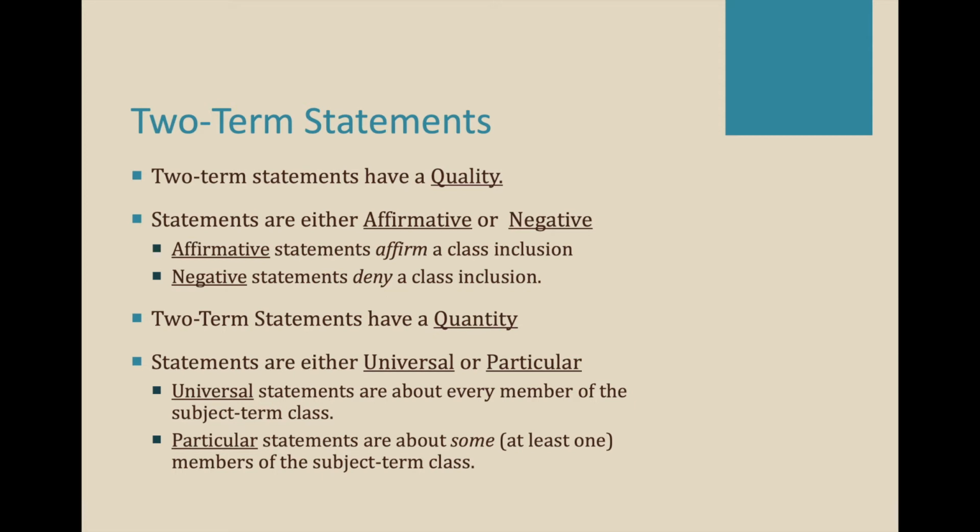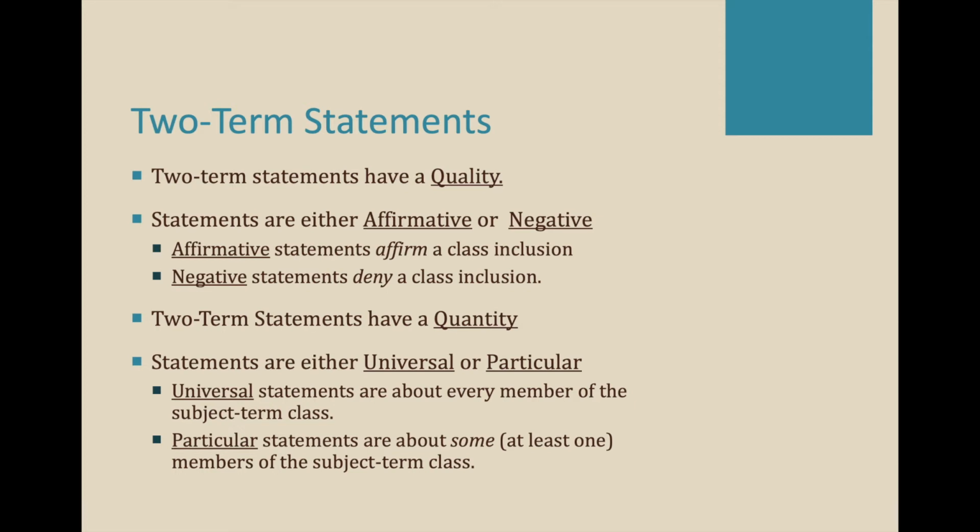And then there are particular statements. And particular statements are statements that are about just some members of the subject term class. And by some, we mean at least one. It could possibly be all, but we don't have enough information. If there's at least one, we use the term some to indicate a particular statement.